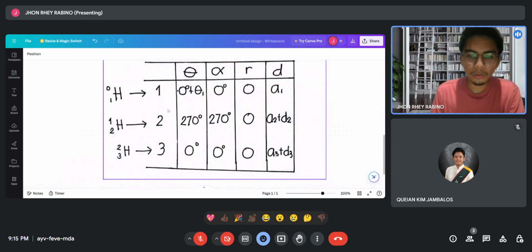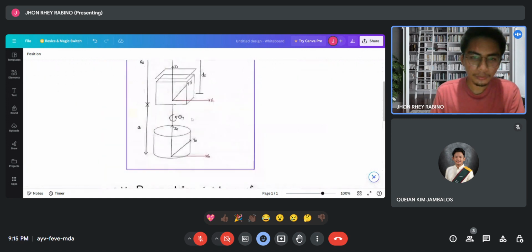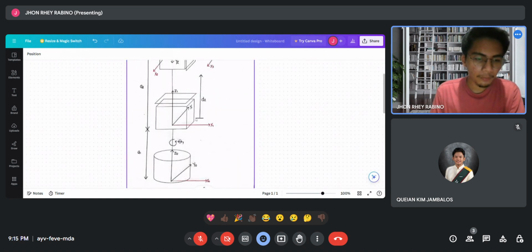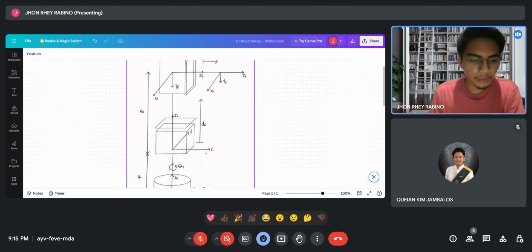Next, for row 2, from frame 1 to frame 2, the x sub n is now x sub 2, the z sub n minus 1 is z sub 1, and the z sub n is z sub 2.